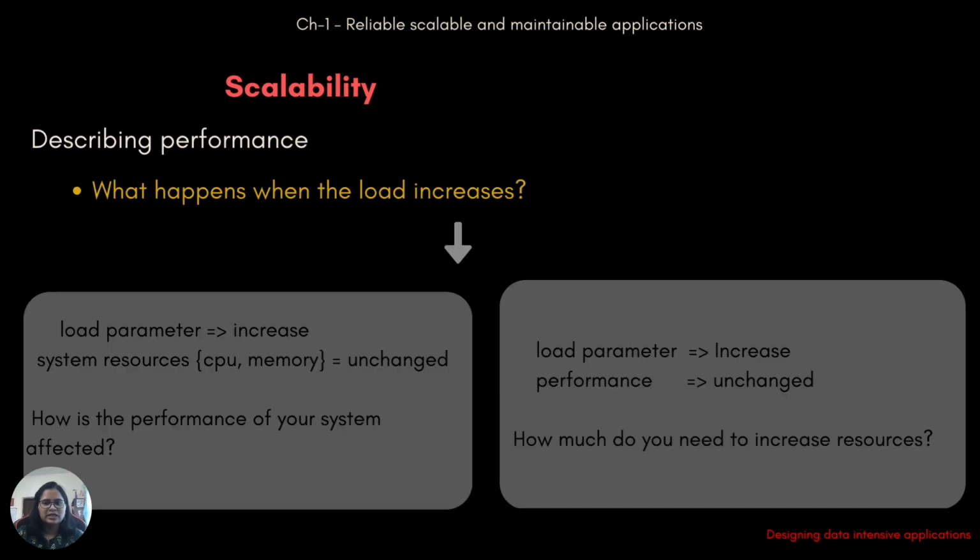Once you have described the load in your system, you can investigate what happens when the load increases and system resources remain unchanged. How does the performance of your system behave? Or, when you increase the load parameter and keep system resources, that is CPU and memory, unchanged, how is the performance of your system?